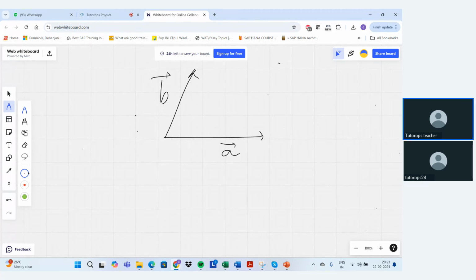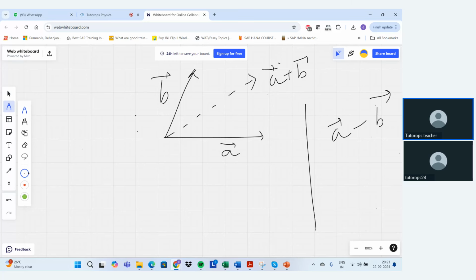What we learned earlier, this will be my A plus B. Right now what I have to do is A minus B. So just go through the diagram and try to form the solution.